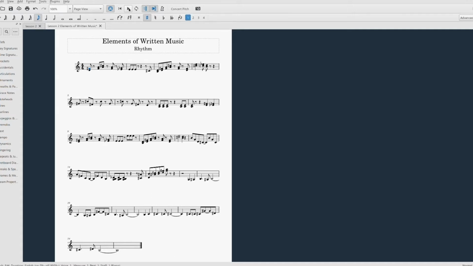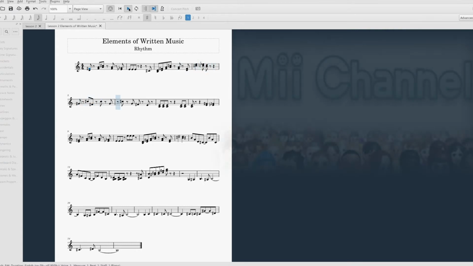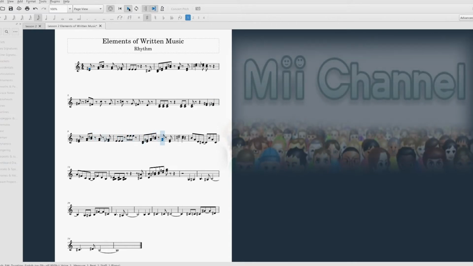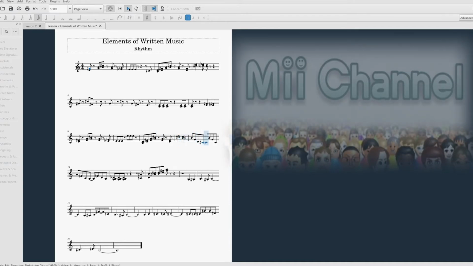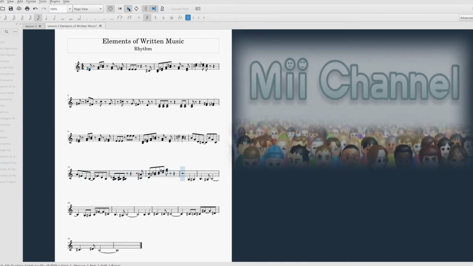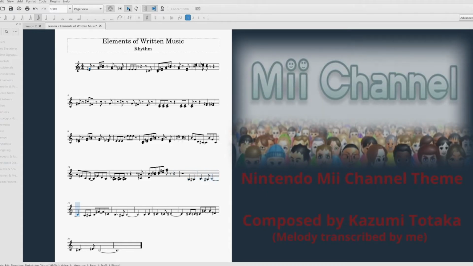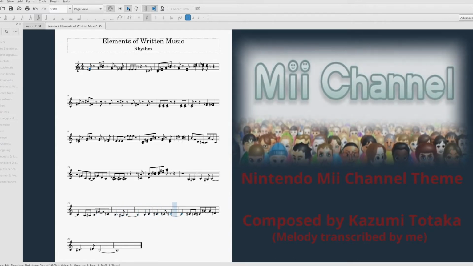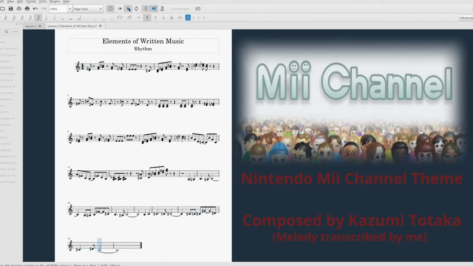Can you recognize it? So you can see how rhythm and pitch can often work together.